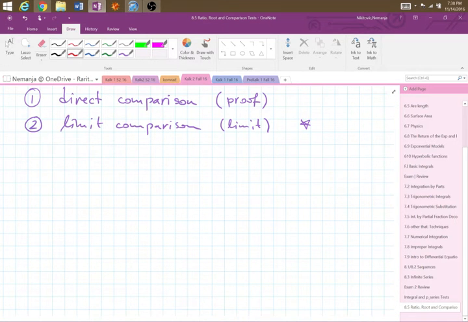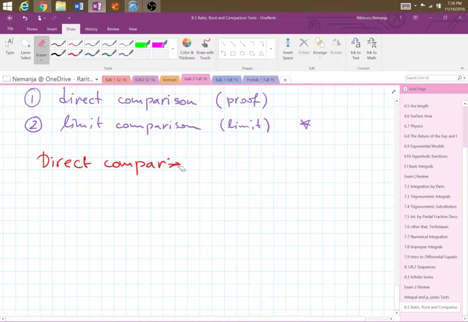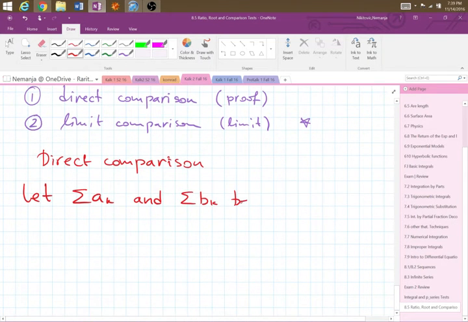So let's start with a comparison test. Direct comparison first. Direct comparison. So let summation of AK and summation of BK be series with positive terms.